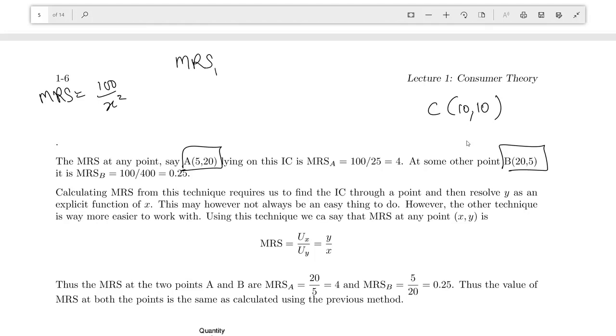So what is MRS at A? MRS at point A would be 100 divided by 5 square, that is 100 divided by 25, which is 4. MRS at B would be 100 divided by 20 square, which is 100 divided by 400, so that is 1 by 4. And MRS at point C would be 100 divided by 10 square, so that is 1.